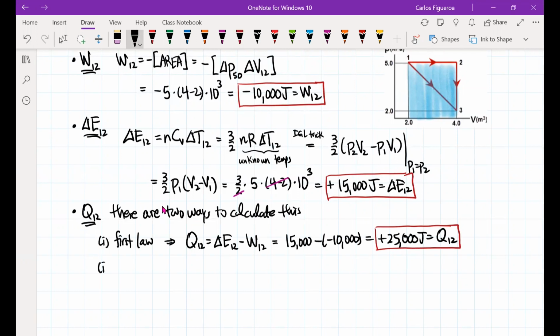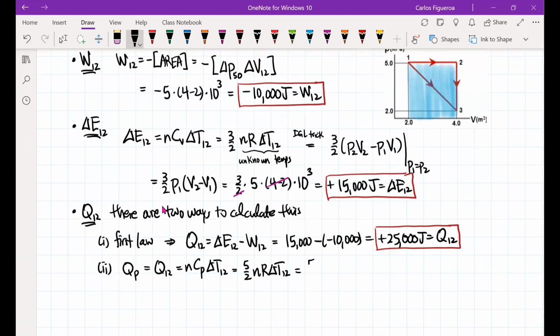Another way that you can do this is that you could use the definition of the heating at constant pressure. Heating at constant pressure is just the same as the heat from 1 to 2, which is nCp times the temperature change from 1 to 2. So that means, if I change this, this will be 5/2 nR delta T12.